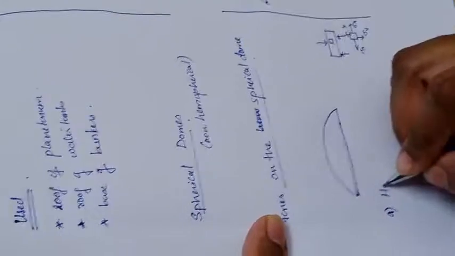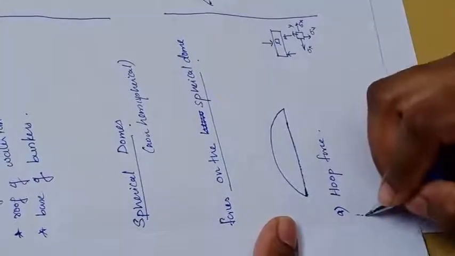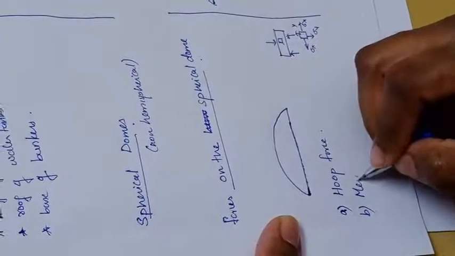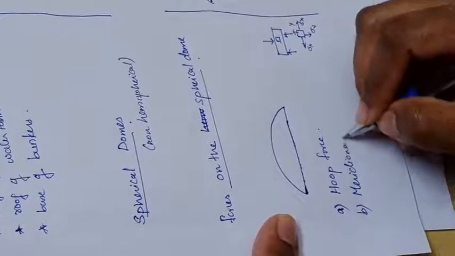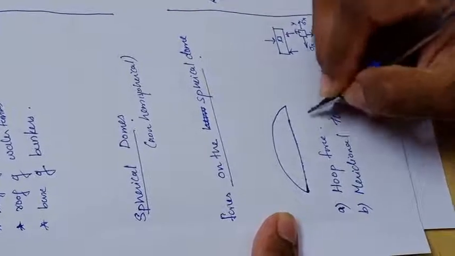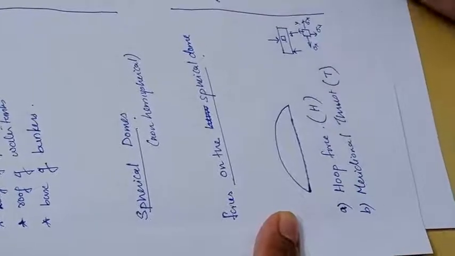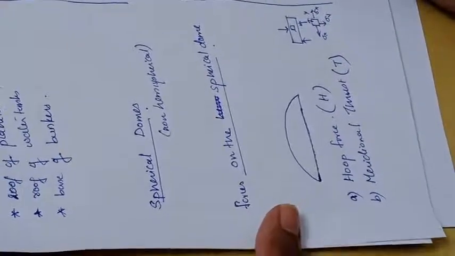One is hoop force and the second one is meridional thrust. So hoop force will be represented by H and meridional thrust will be represented by T.